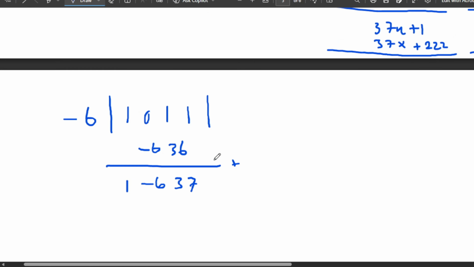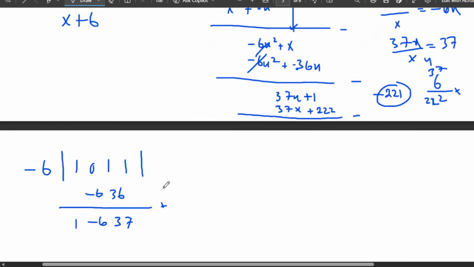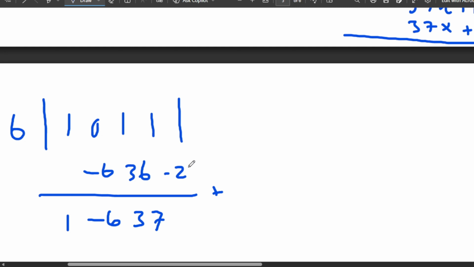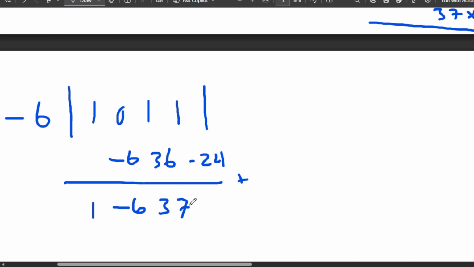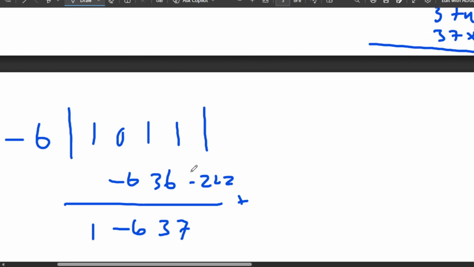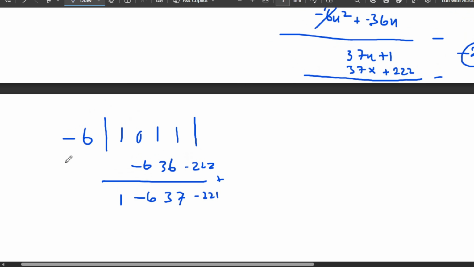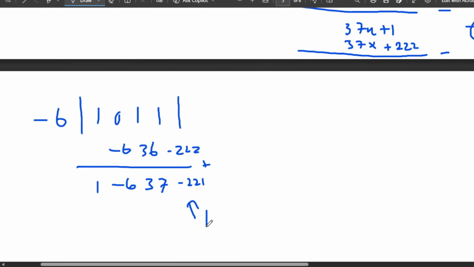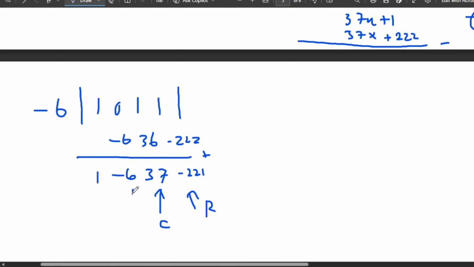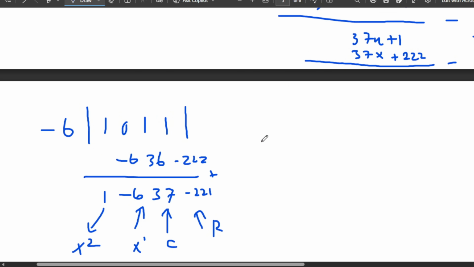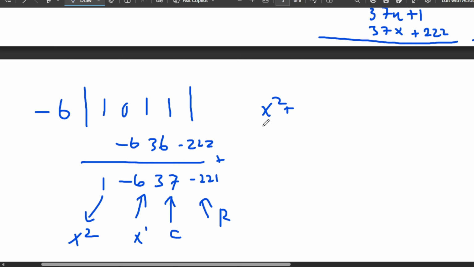And 37 times minus 6 would be, I don't remember, negative 222. We add them, we have negative 221. So this is the remainder. This is the constant, this is the x to the first power, and this is x to the second power. So we have x squared minus 6x plus 37 and minus 221 over x plus 6.